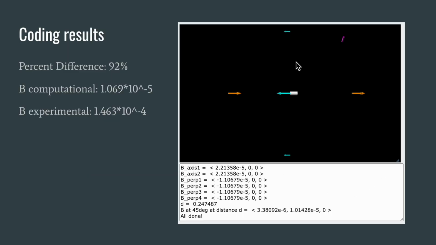So this is what it looked like, and this is what my two values were, the computational and the experimental, and the percent difference. So basically the error for this is mainly an issue of personal error for sure, because the model itself is pretty straightforward, a magnetic field is going to work mathematically in the same way that it does in real life.